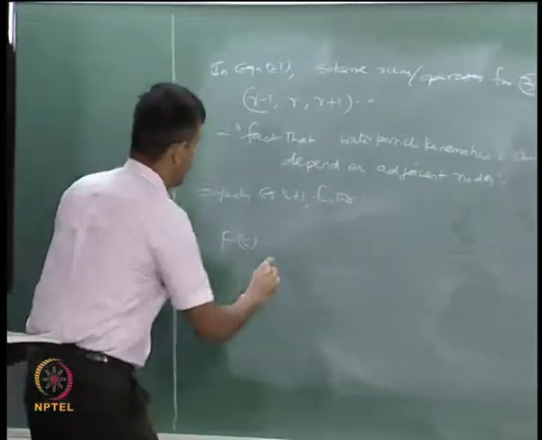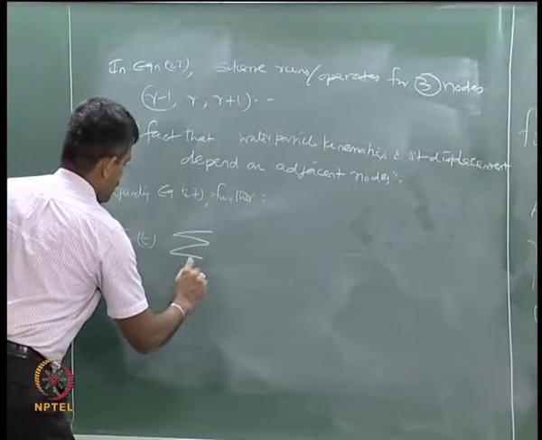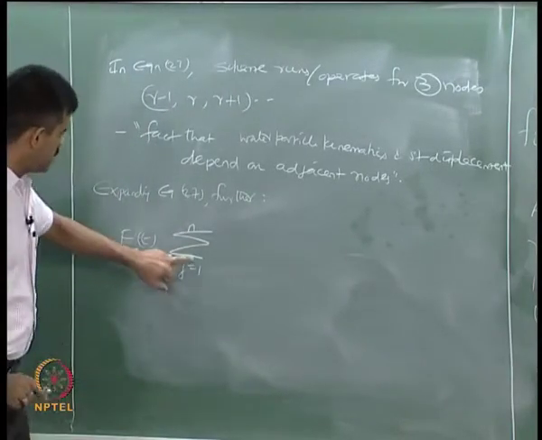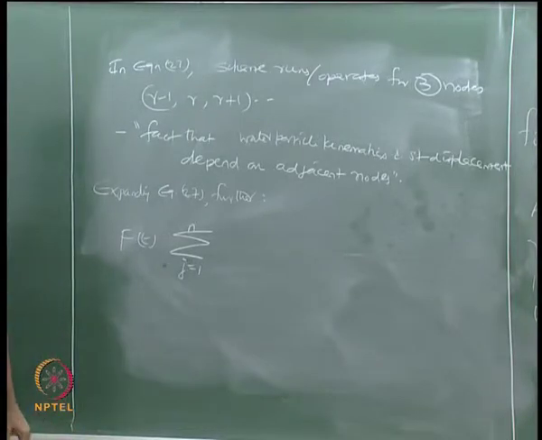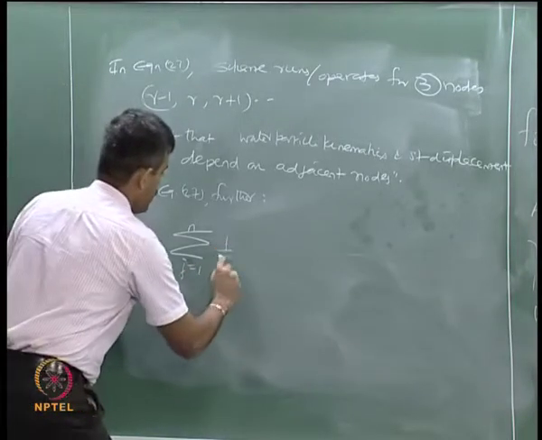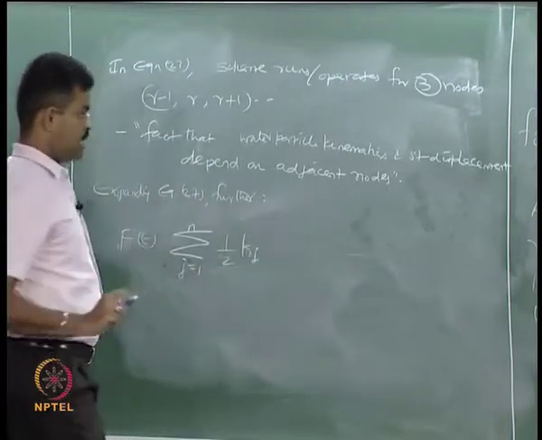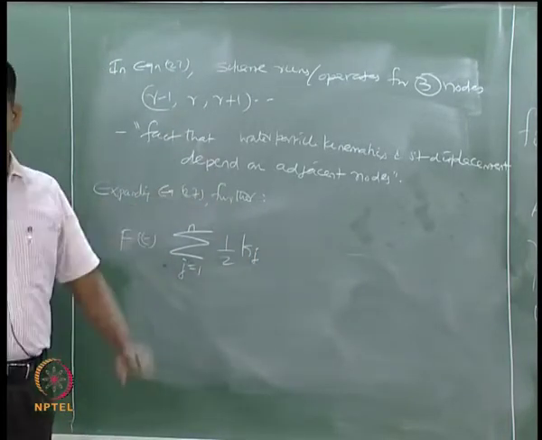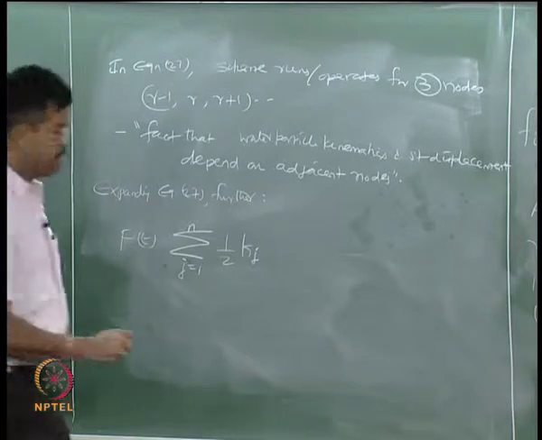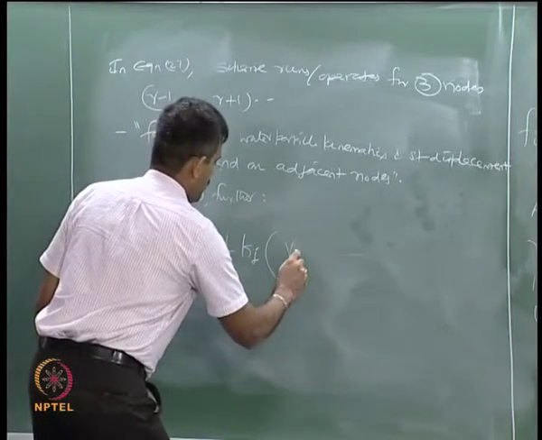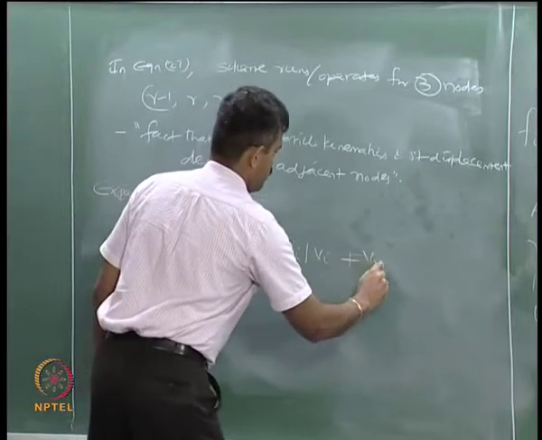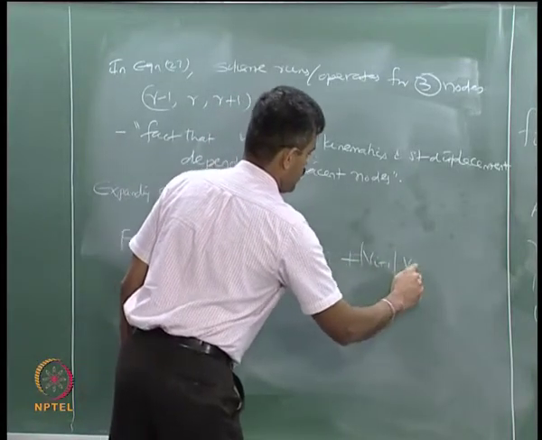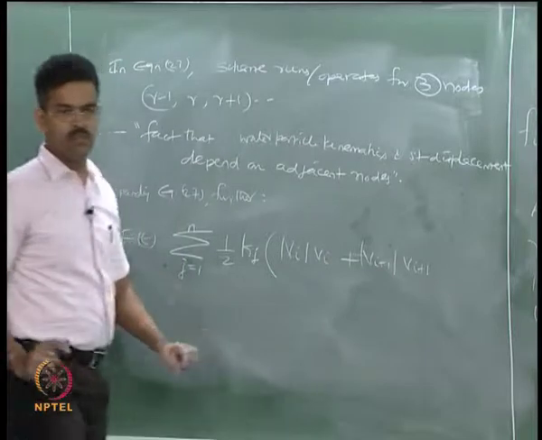So f of t depends on the summation over j from 1 to n of half kj, where i is the node number, times Vi of Vi plus Vi plus 1 of Vi plus 1, is that okay?